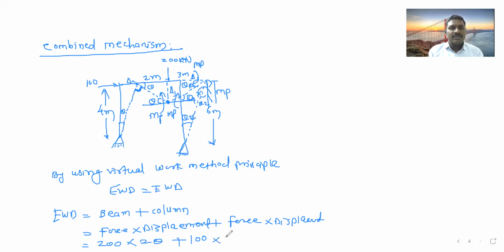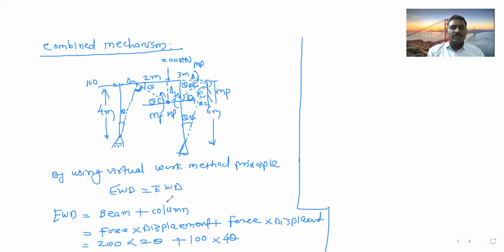Into displacement of column, 6 theta by 2, or 4 theta. So here we will use 4 theta, correct? Either 4 theta or 6 theta by 2. Here either 2 theta or 3 theta 1. Are you getting? So we have used theta here because we can add this. That's why I have used the same.